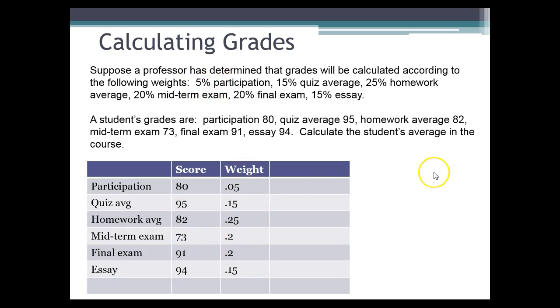I won't go through all of these, and then to calculate the mean, you just do every X, in other words the score, times the weight, the frequency, add those up and divide by the total weight. And so the student's average in the course is 85.65.